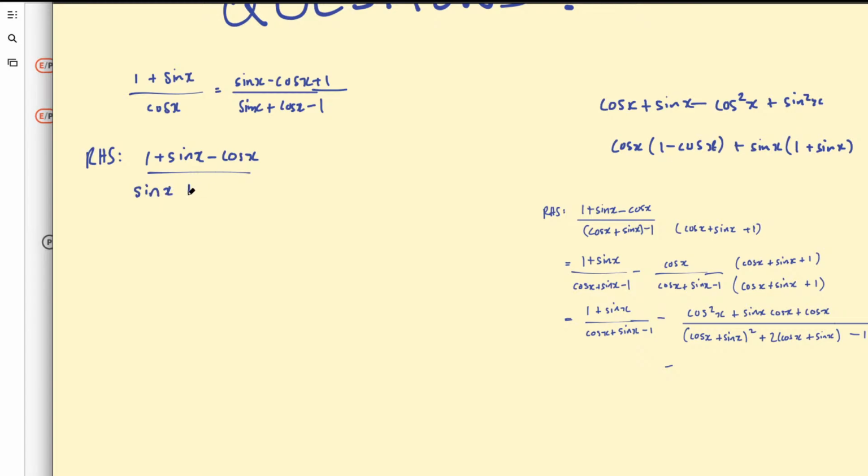No, let's keep it as is. And then multiply by the conjugate. So this would be sine x plus cosine x plus 1. Okay. Now let's see what we get.